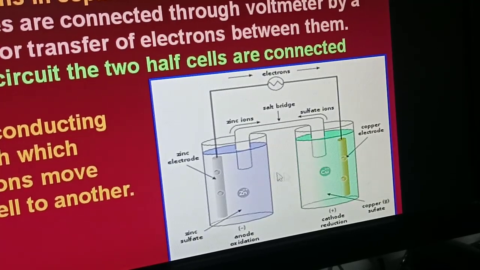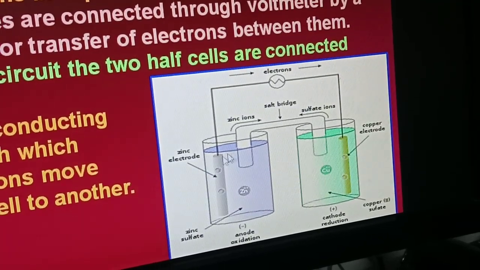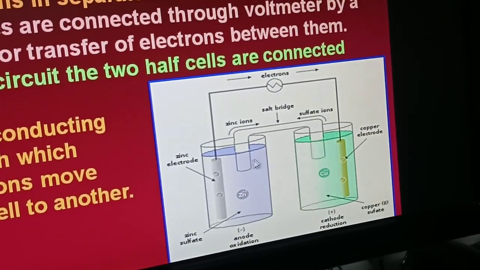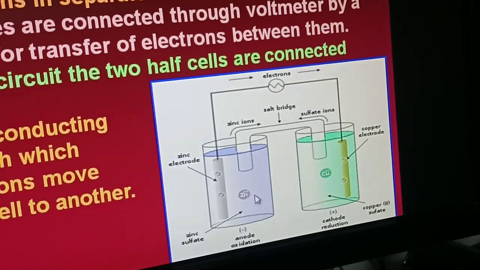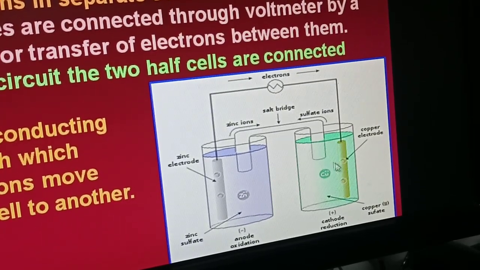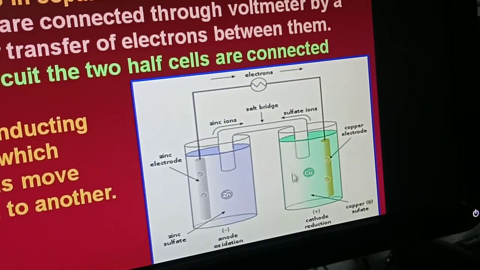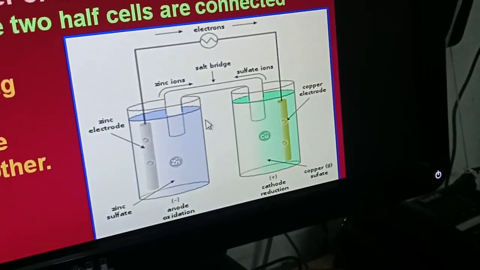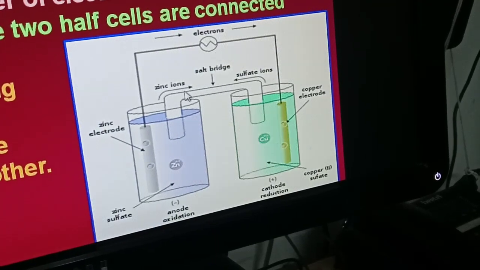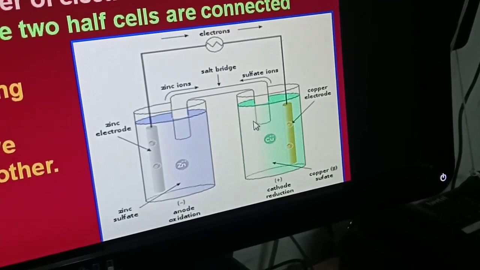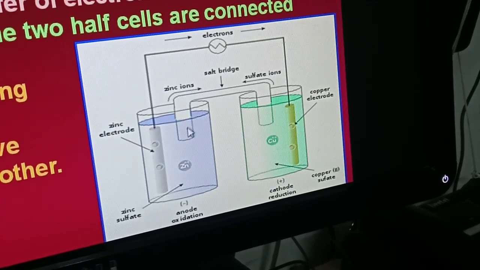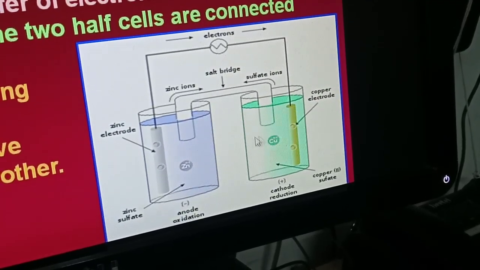So these are two half cells. One half cell containing an electrode immersed in its electrolyte containing its own ions, and same way on the other side. So to connect the two half cells, a salt bridge which plays the role of diaphragm is used over here.